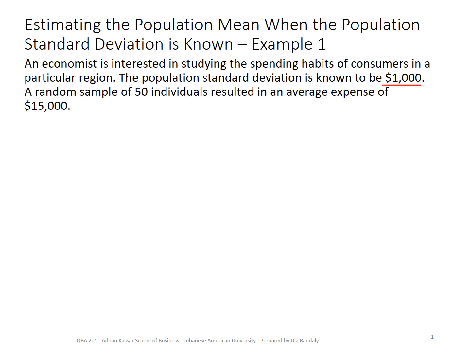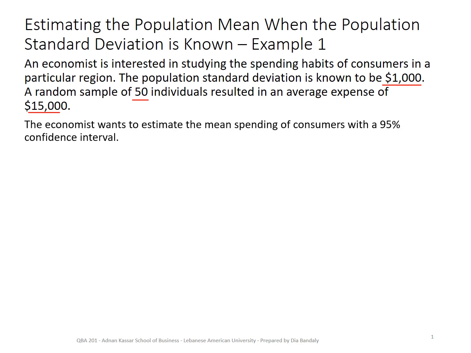And he collected a sample of 50 individuals, and he found that their average expenses is 15,000. So he wants to estimate the mean spending of the whole population. So this is inferential statistics, right?